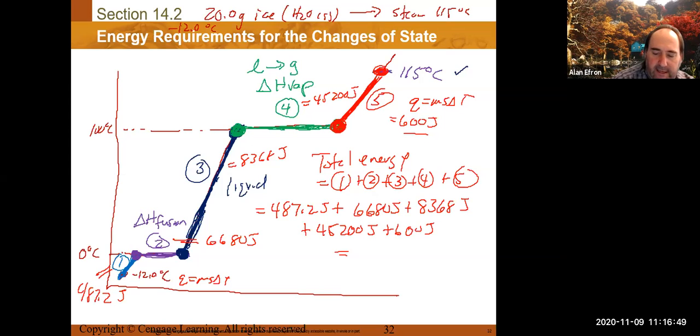And if we put all that together here, we get something like 61335.2 joules, or if we give it in kilojoules, something probably like 61.3 kilojoules of energy is required to do that entire transition, take it from ice all the way up to 115 degrees Celsius.